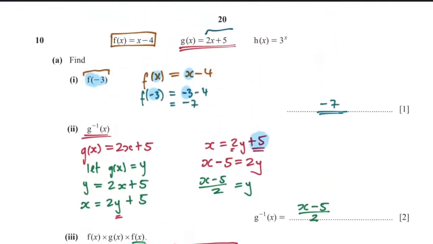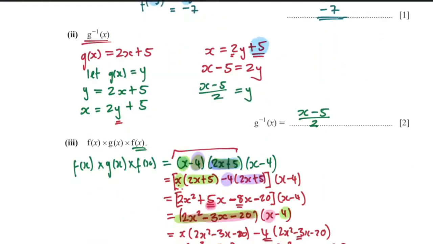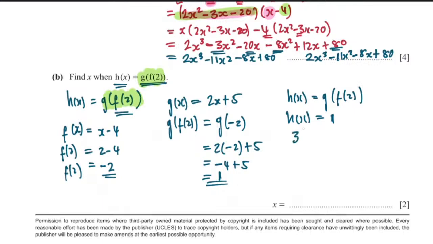H of x is 3 to the power of x. So you now come and say 3 to the power of x is equal to 1.